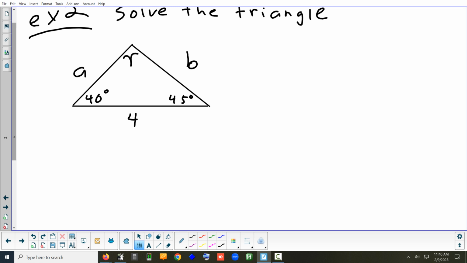All right, let's try this one. What kind of triangle is this one, in terms of the 3 letters? This is ASA. So we would want to go back in the notes and see, is ASA a problem that works with law of sines?